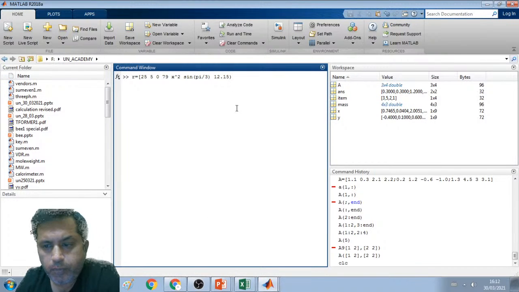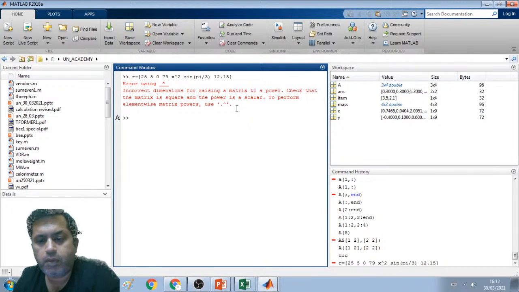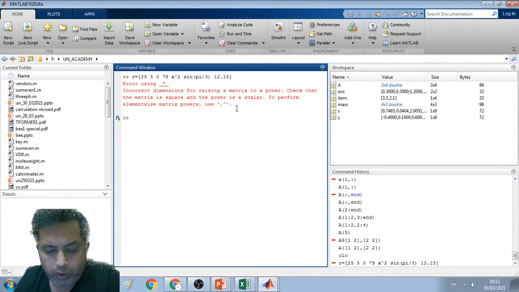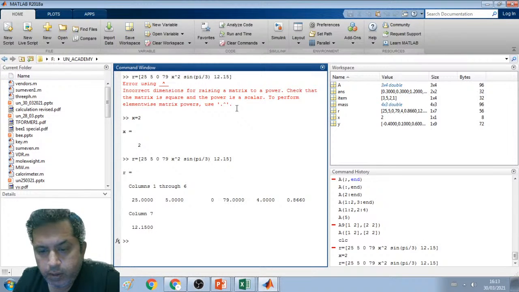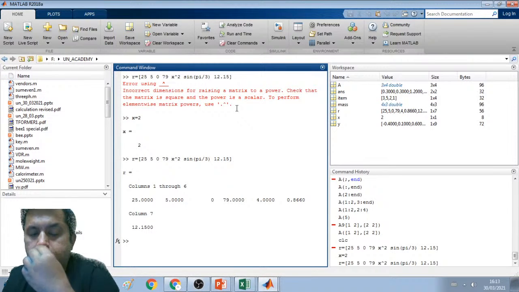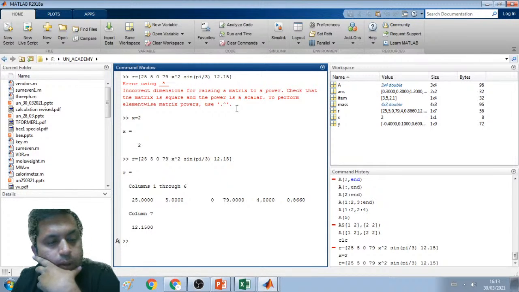In this only one problem is there. What is the value of x? So for that we put x equal to 2, then this is the value.